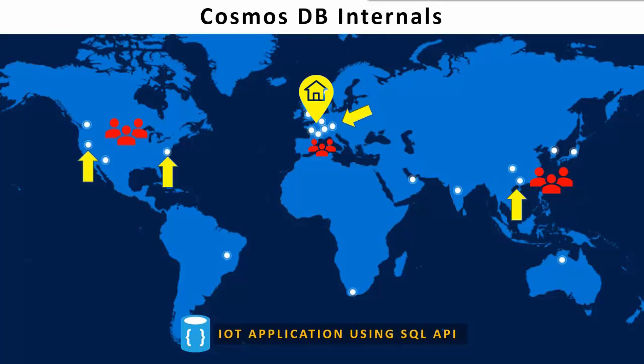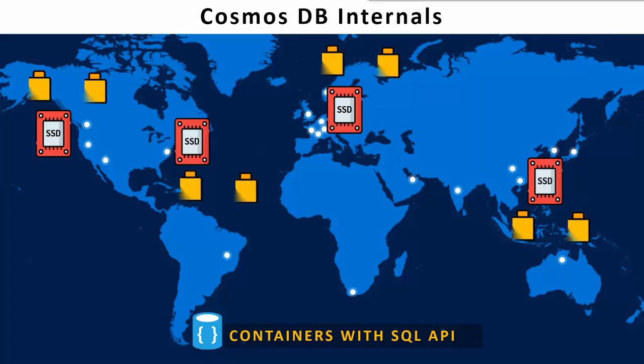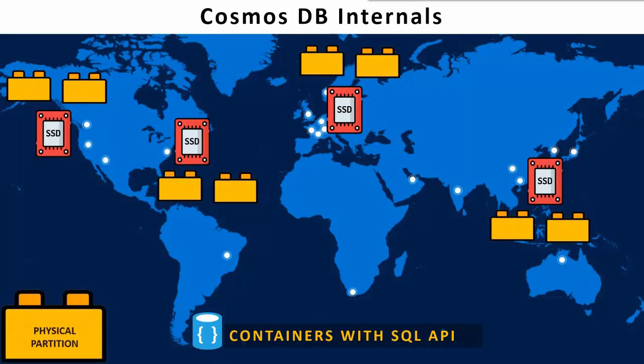So how Cosmos DB is saving the data in the backend is what we know. The first thing is all the disks that Cosmos DB is going to use are local SSD disks. So we know that we are going to get the data fast. The second thing we know is Cosmos DB saves this data in physical partitions.